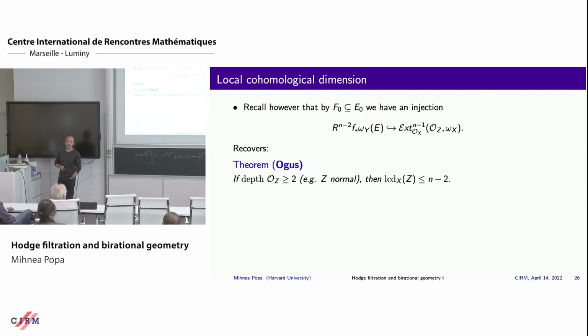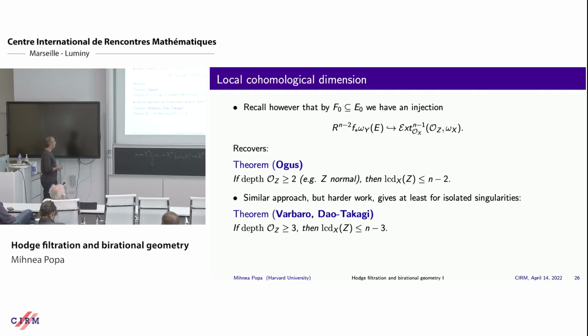It's quite recent and is due to commutative algebraists, due to Varbaro in some special case, but he proposed that this is true, and then it was completed by Dao and Takagi, that if the depth is at least 3, then the local cohomological dimension is at most n-3. And we also checked this with our method, but we only had energy to check it for isolated singularities. And presumably it can be done, but it requires more work.